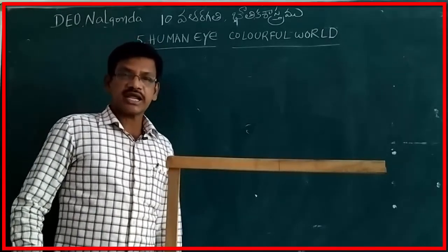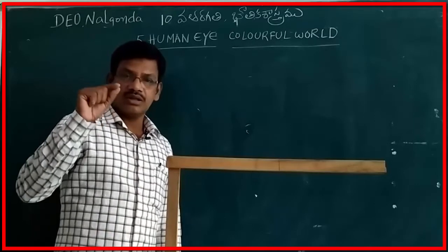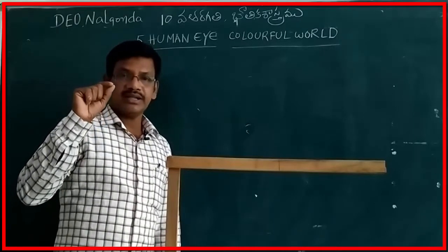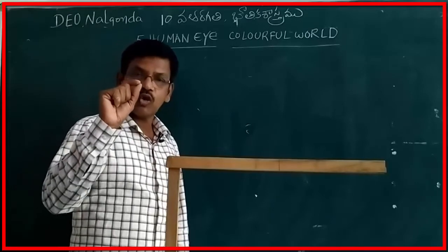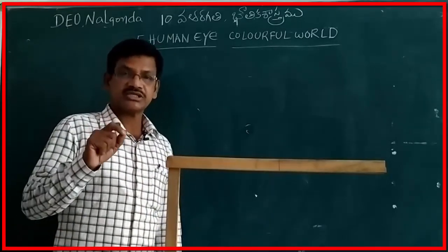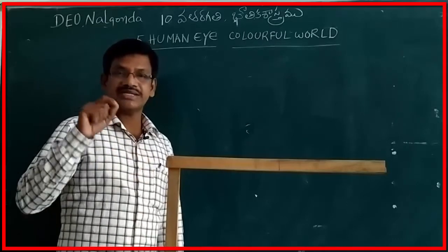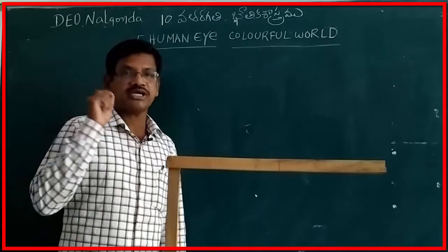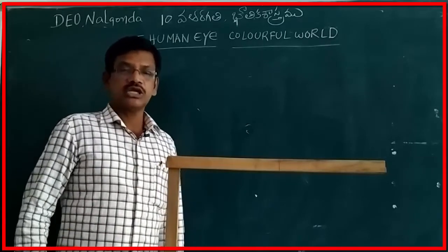We learned in the last class that object distance and focal length determine the nature, position and size of the image of an object at various distances.